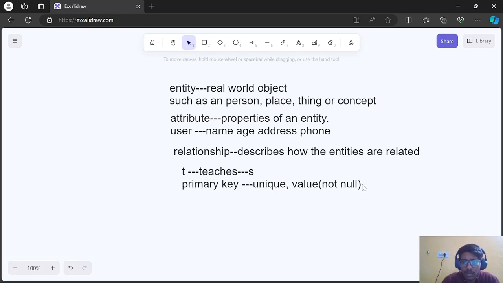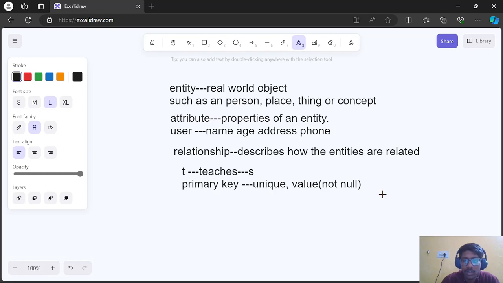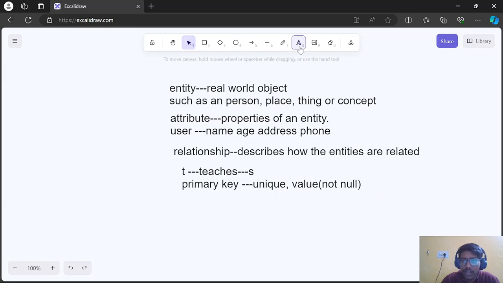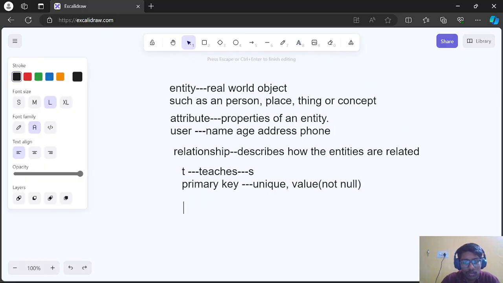Let's have an example, shall we? If we take two users, user 1 and user 2, the primary key that is common to both but different in value would be a name. The name of user 1 is not equal to the name of user 2, right?